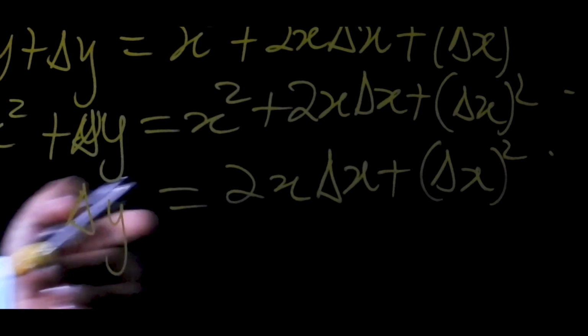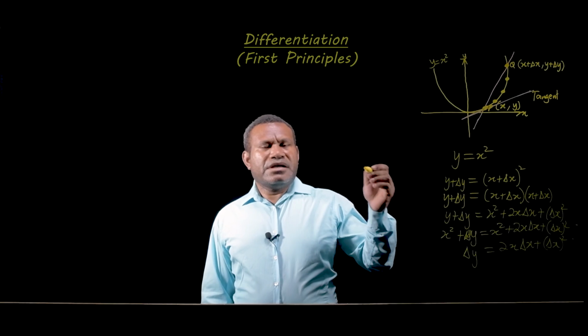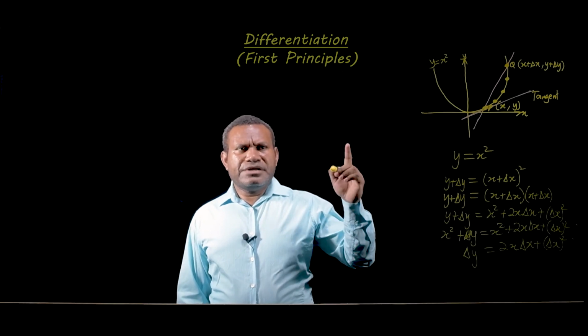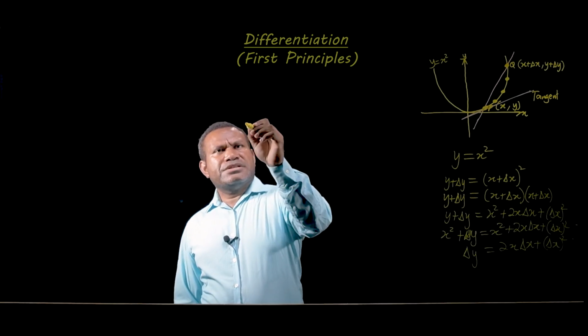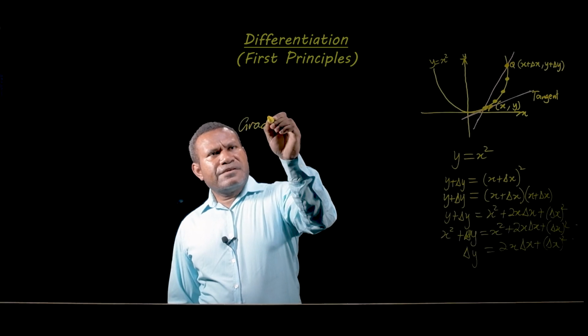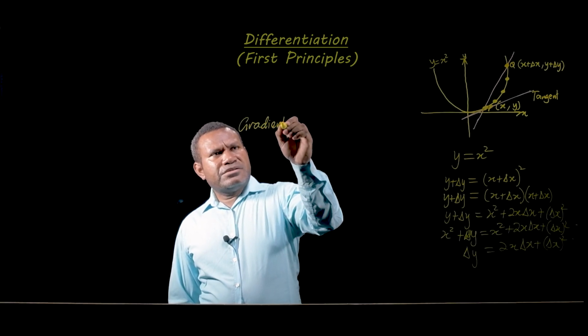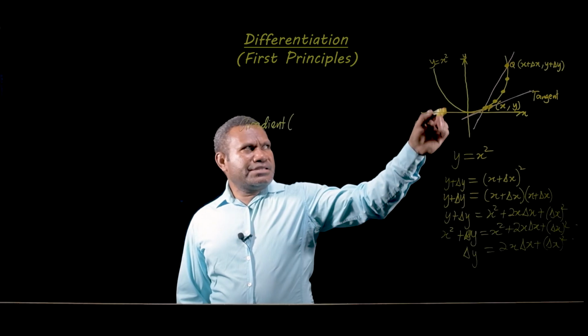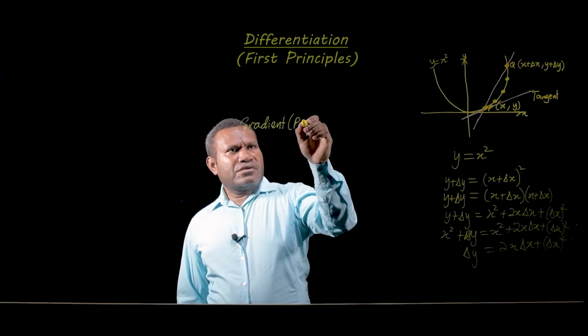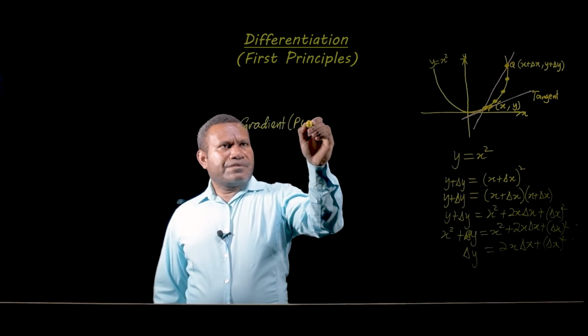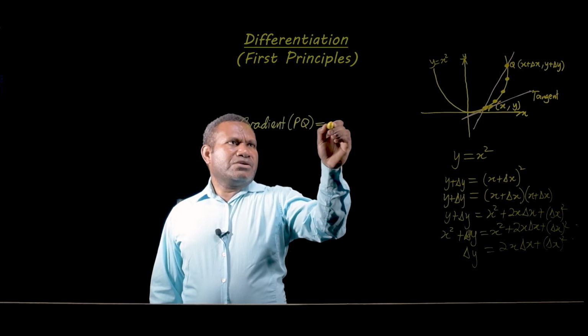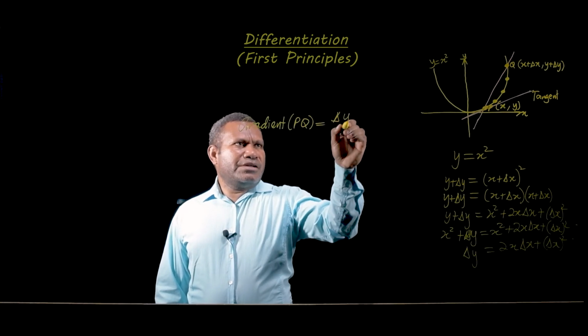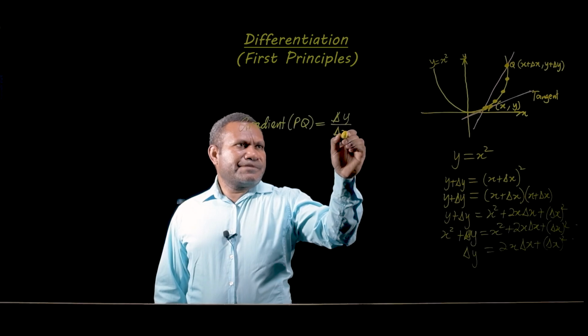Now, from what we learned in our previous lesson, the gradient of the secant PQ is equal to the change in y divided by the change in x.